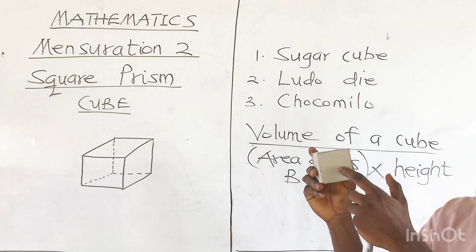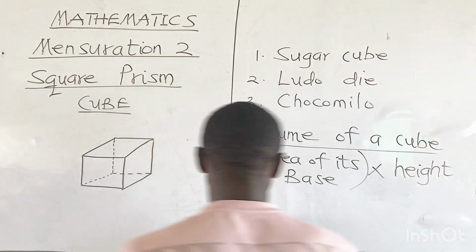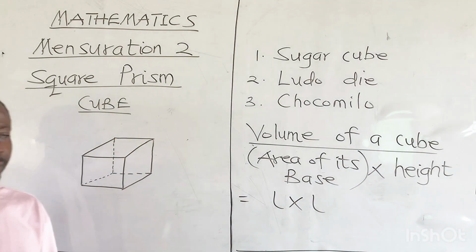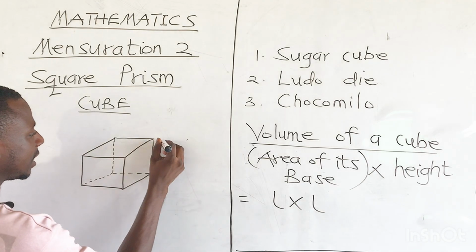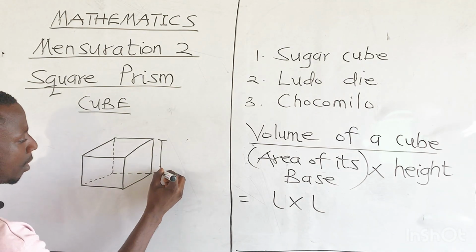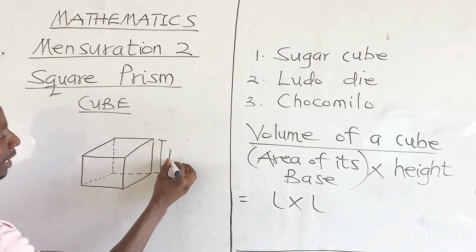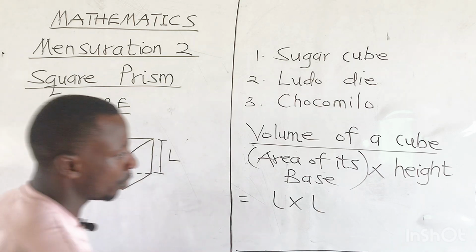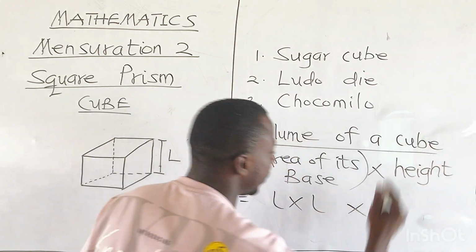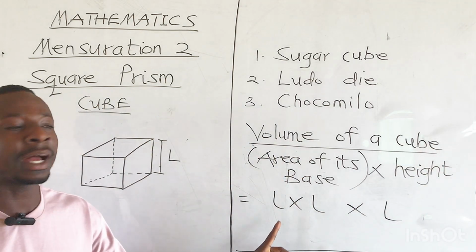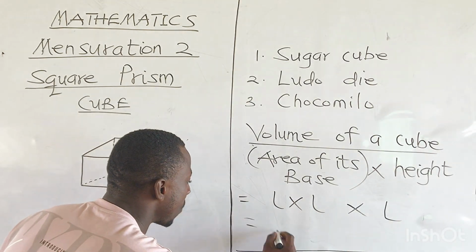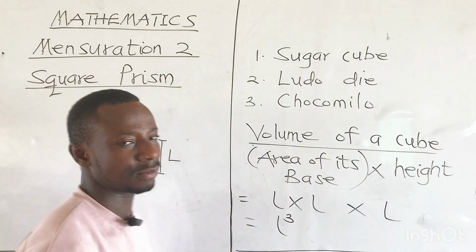Now because the base is a square, then area of a square is L times L, and the height is here. But because it's a square prism, the height also has its dimension to be L. So over here the height will also be L. And when you multiply L times L times L, we are going to get L cube.